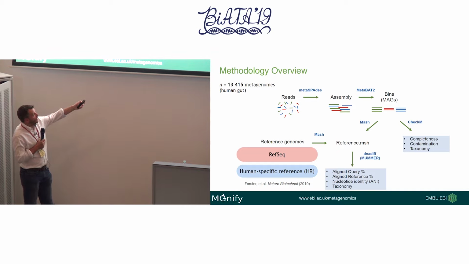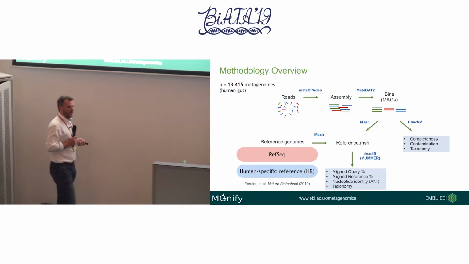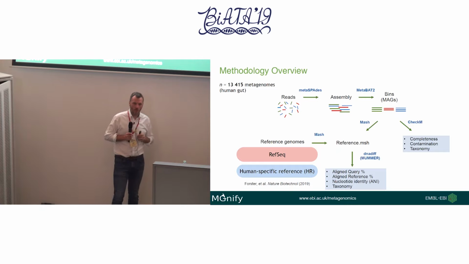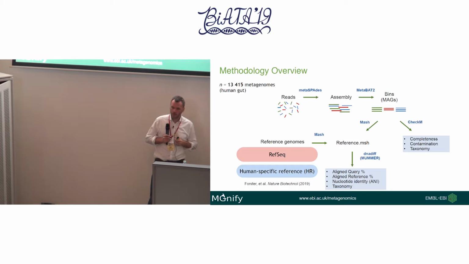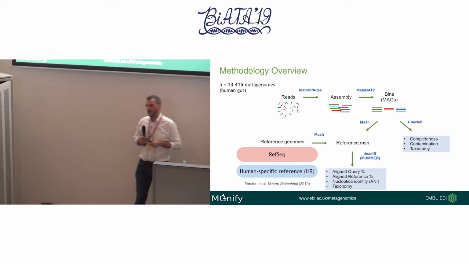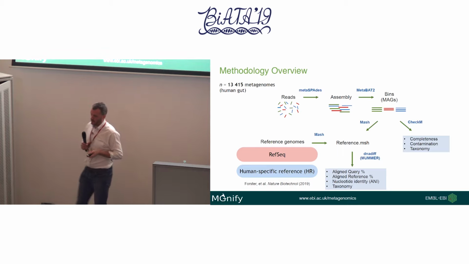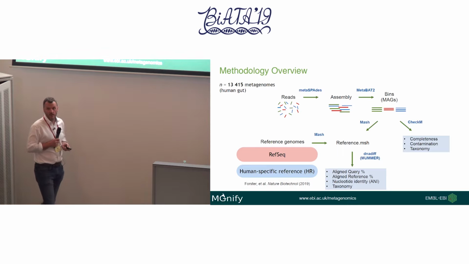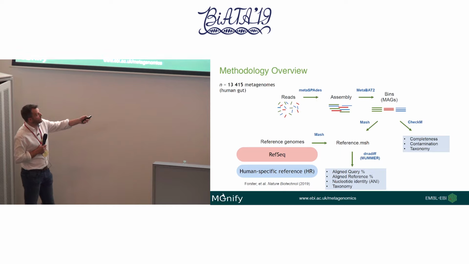When we take the best one, we then go through and run dnadiff, part of the MUMmer package, to actually work out the fraction of the alignment and the reference that match one another, and then the average nucleotide identity of that alignment. And this also allows us to infer taxonomy, so we can correlate these 2 tools.